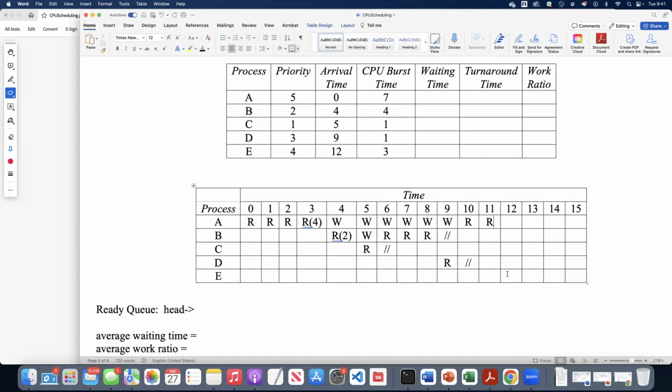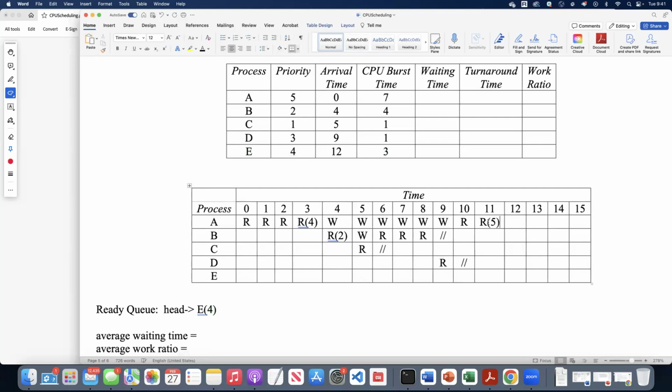And then at time 12, process E arrives at the ready queue. Process E's priority value is 4. A is the current running process. Its priority value is 5.